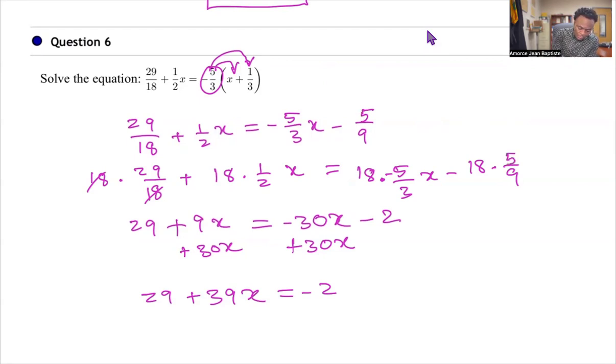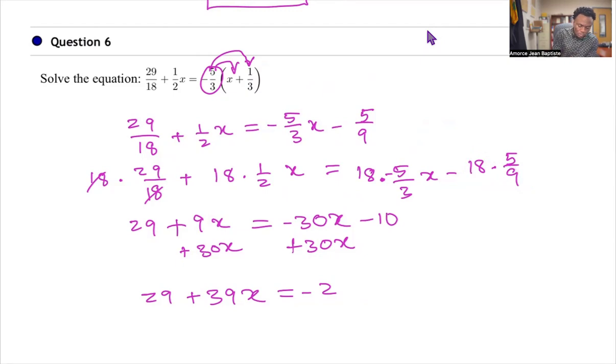And so this will be negative 10, because you divide 18 by 9, that's 2, and the 2 you multiply by 5, and the negative sign makes it negative 10.